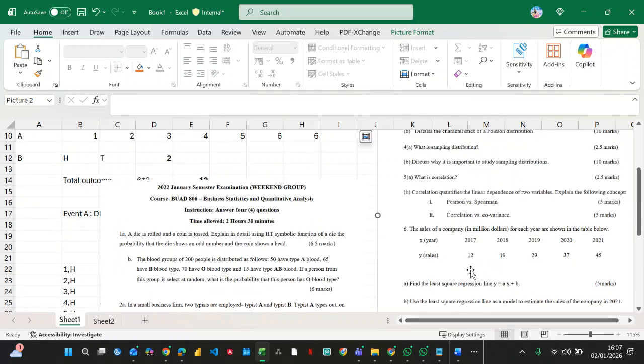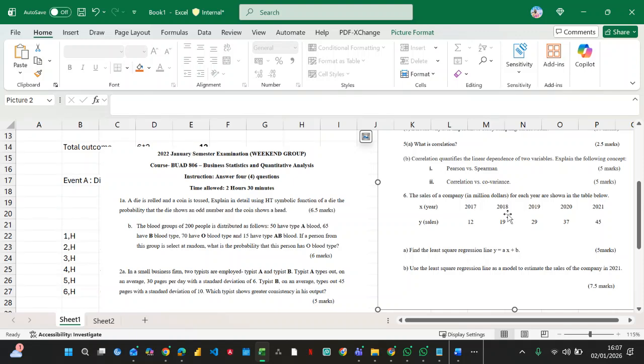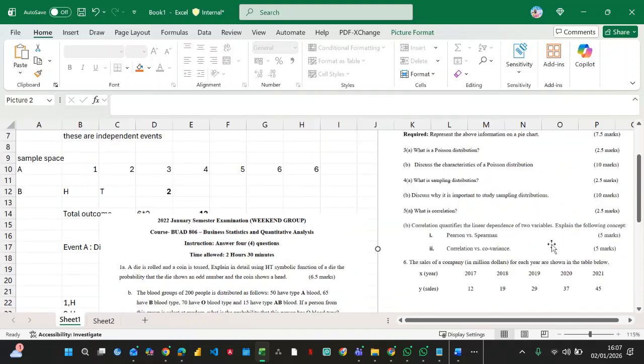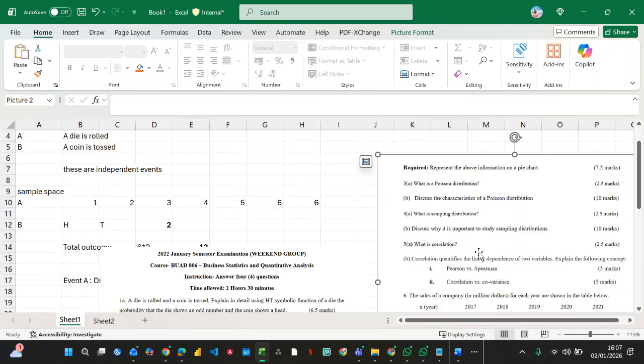So this is now going to be our x. I'm going to use this as our x, one, two, three, four, five. And our y is going to be this.